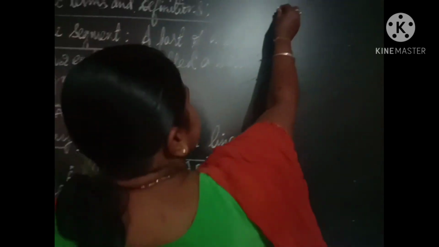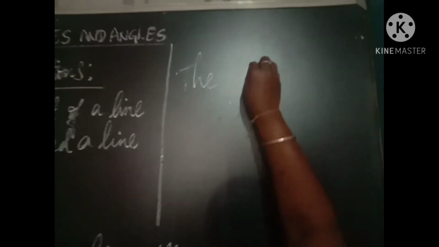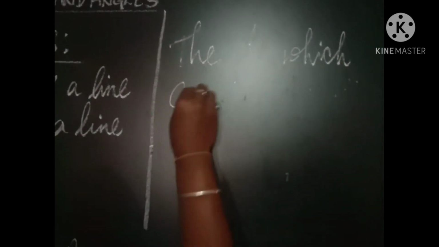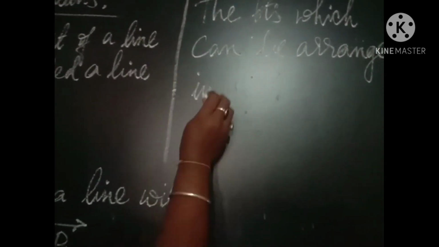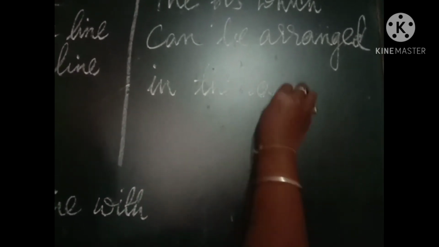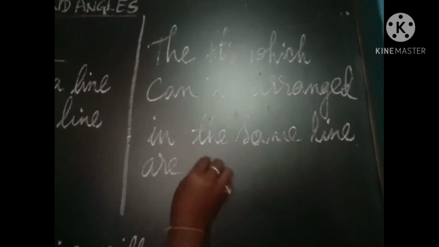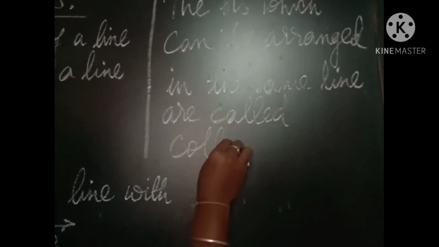The points which can be arranged in the same line are called collinear points.